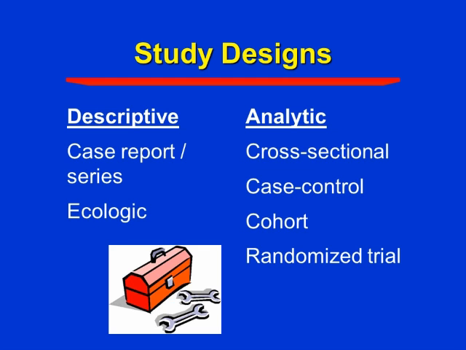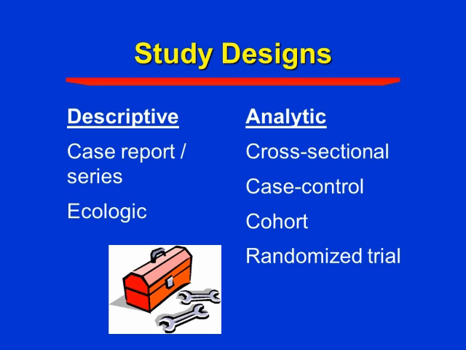To start off with, epidemiologic study designs can be divided into two broad categories: descriptive studies and analytic studies. There are two major types of studies that are descriptive. These are case report or case series and ecologic study designs.